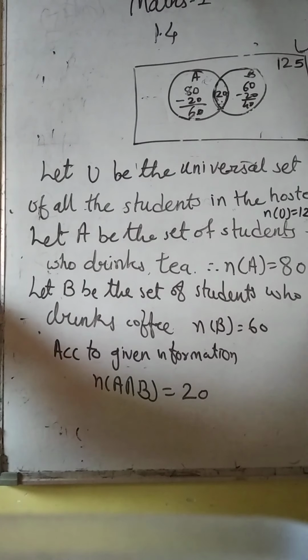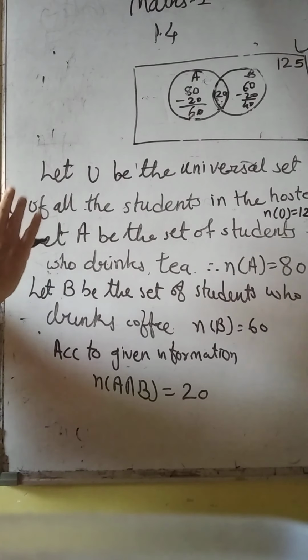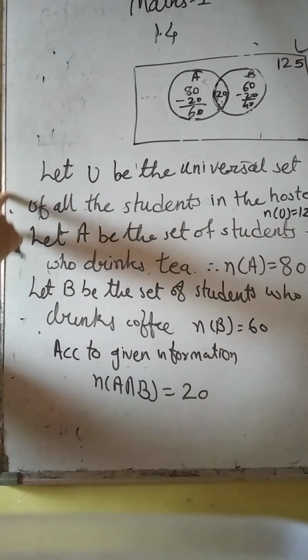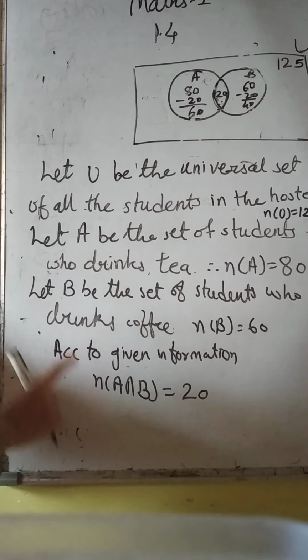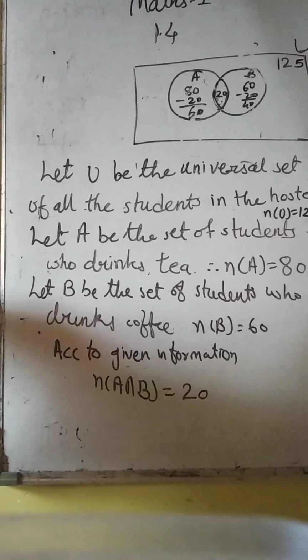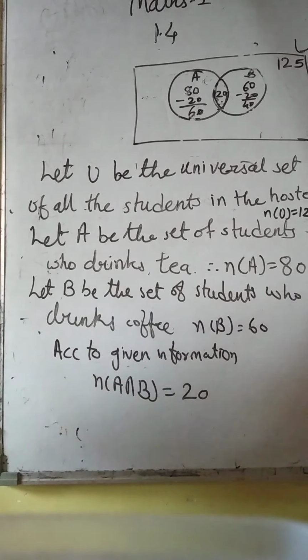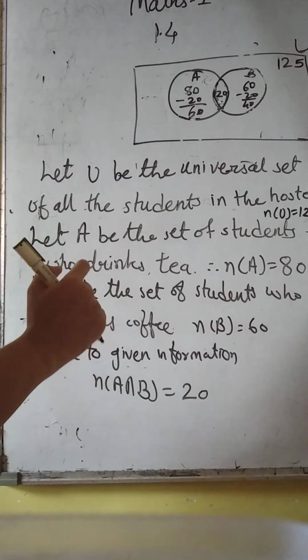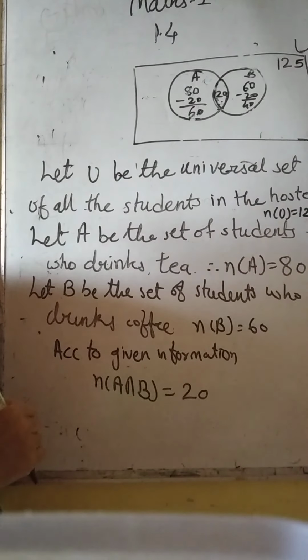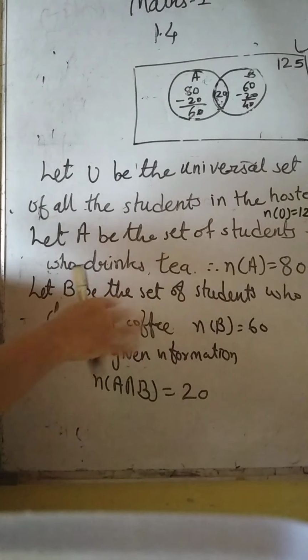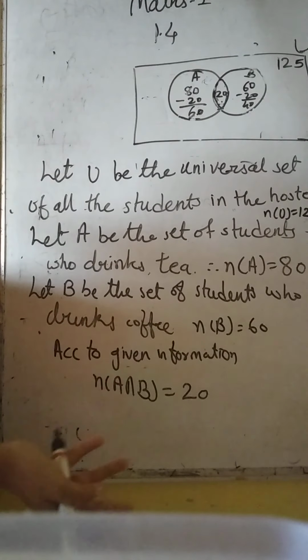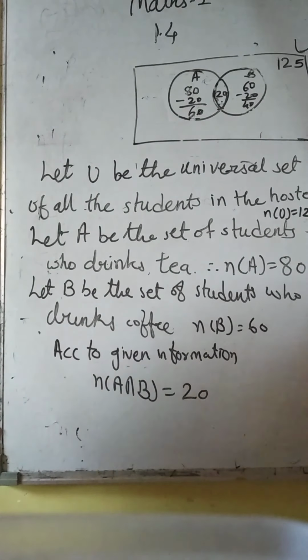This much is clear. All the information that is given, I have written from that only. Some feel that for the set of tea drinkers I can denote it by T, and the coffee drinkers by C, and that works. But then you have to change accordingly everywhere in the formula also.